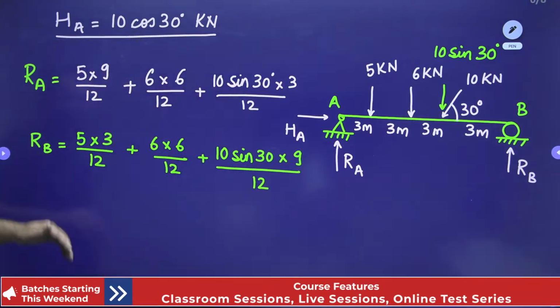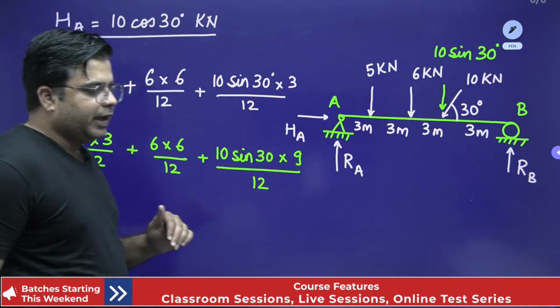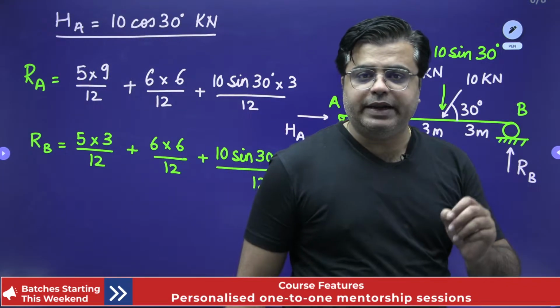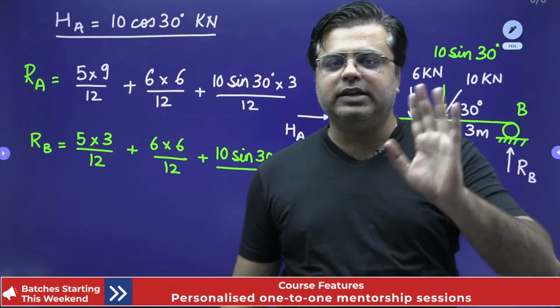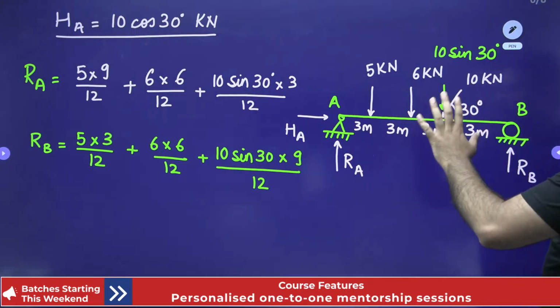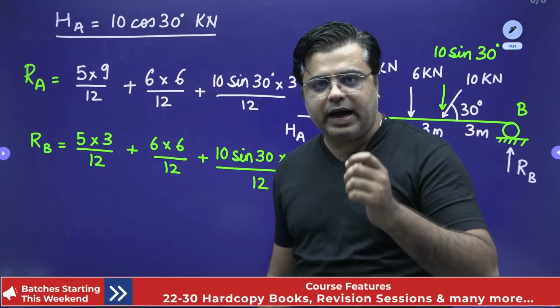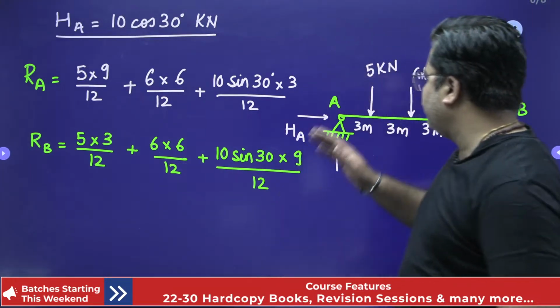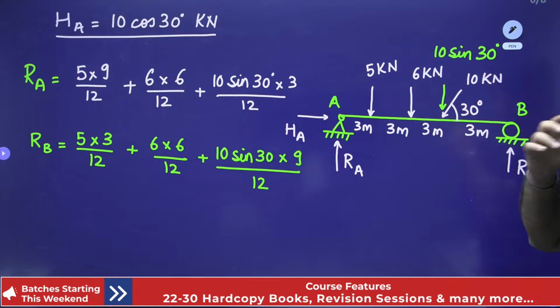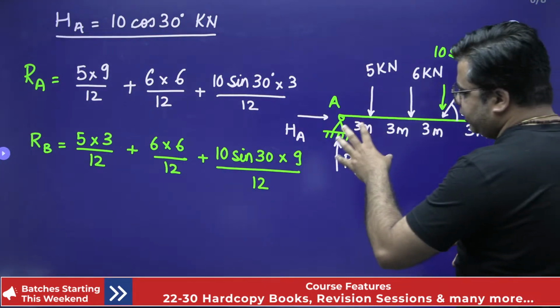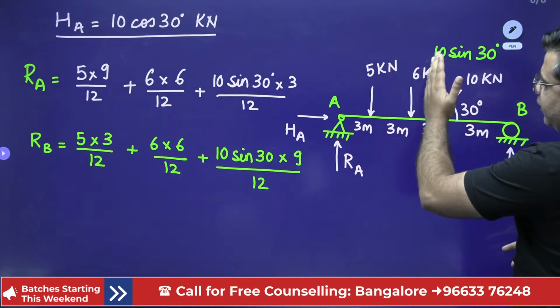So this is the component of RA and RB, and this is how you can calculate the support reaction in one single step. This is also known as the principle of superposition, where you simply add the effect of all the vectors. In order to get the total value of this vector, you add the effect of all the vectors.